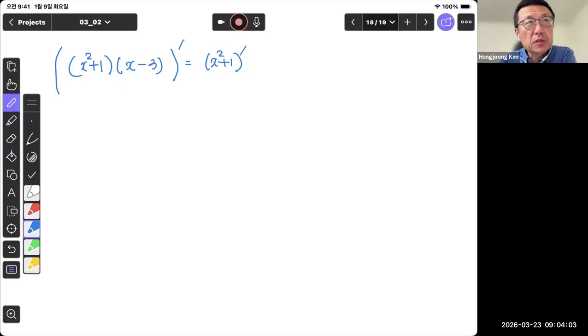You differentiate this multiplied by the remaining x minus 3 without differentiation. And then you add, in case of the product rule, you need to add the next term. Next term is the first term unchanged, and then you differentiate the second term.